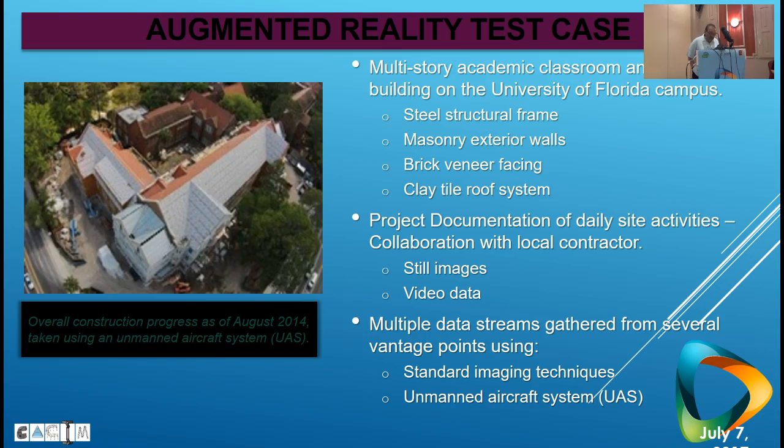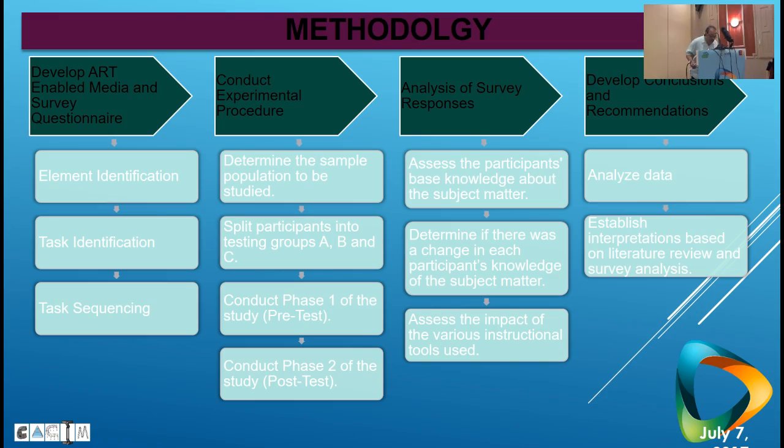So the methodology is, as you can see up there, the selected target audience was undergraduate students enrolled in an accredited construction management program. For the purpose of the research, data analyzed was based on the sampling of students enrolled in the Rinker School of Construction Management at the University of Florida.